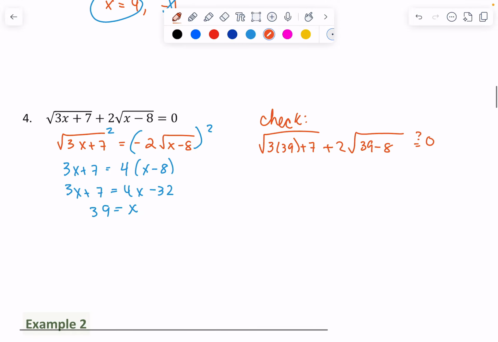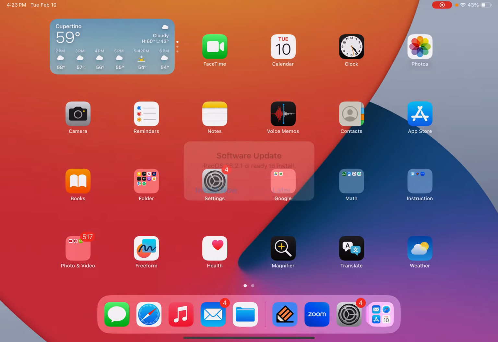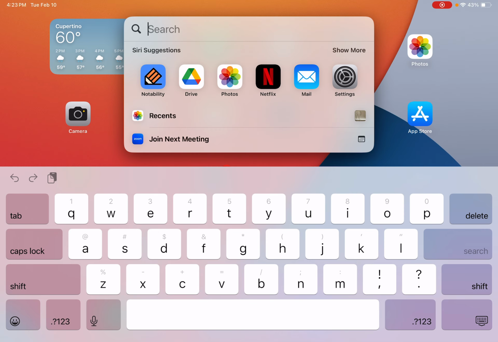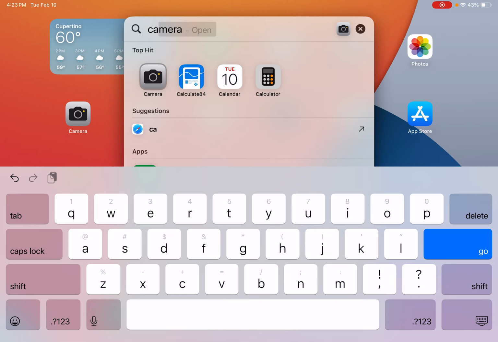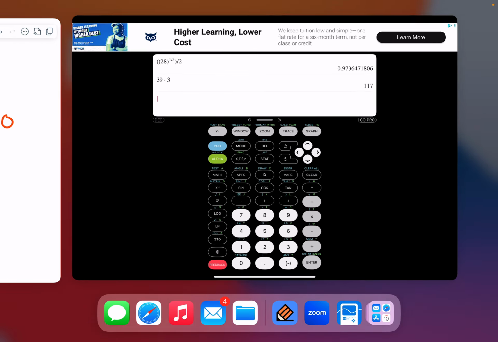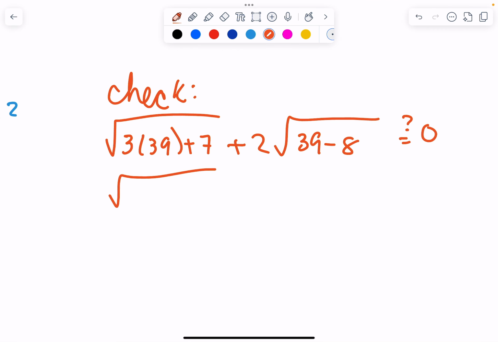So let's see. 39 times 3. Probably would have been easier to just do it in my head, but 117. So 117 plus 7, that's going to give me 124.